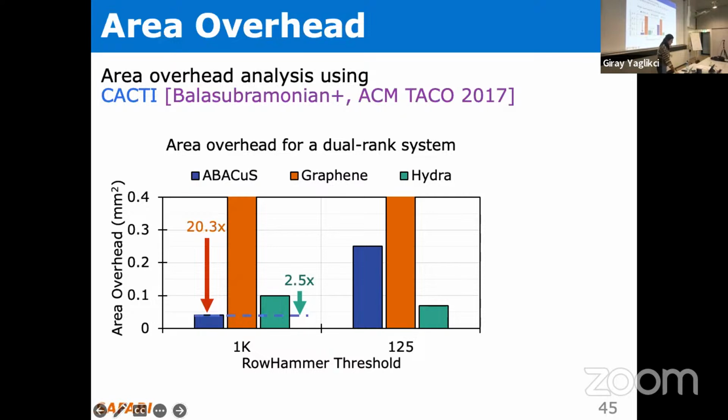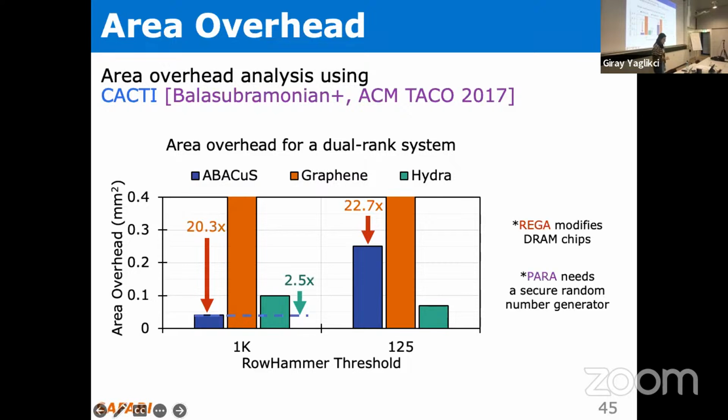And at the lowest RowHammer threshold that we tested, which is 125, Abacus takes up significantly smaller area than Graphene, but Hydra's area overhead is actually smaller than Abacus, but you know that it comes with a great performance overhead, which I showed you earlier.